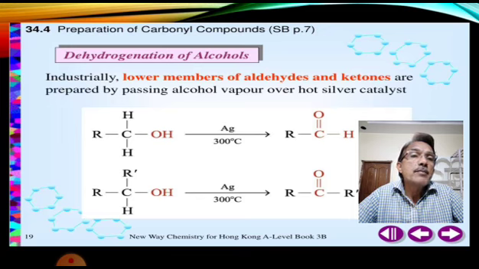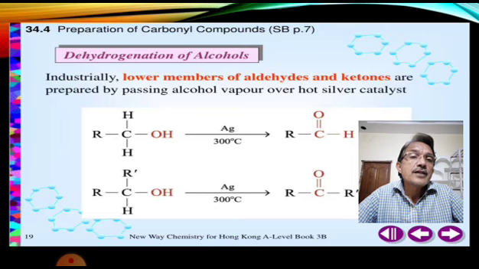Since aldehydes and ketones are carbonyl compounds, their methods of preparation will have similarity. Industrially, lower members of aldehydes and ketones are prepared by passing alcohol vapor over hot silver catalyst. When we pass vapors of a primary alcohol over silver catalyst at 300 degrees centigrade, we get an aldehyde. When we pass the vapors of a secondary alcohol over silver catalyst at about 300 degrees centigrade, we get a ketone.